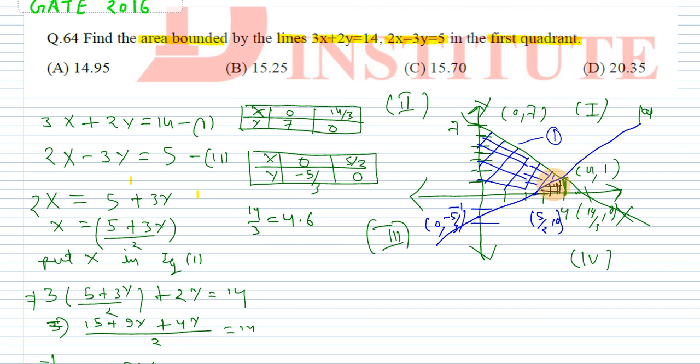So we will find the area from 0 to 4 under the curve of equation 1, and after that we will be subtracting this much of area from that area, so that we can find the area which is asked in the question. So okay, let's find it.